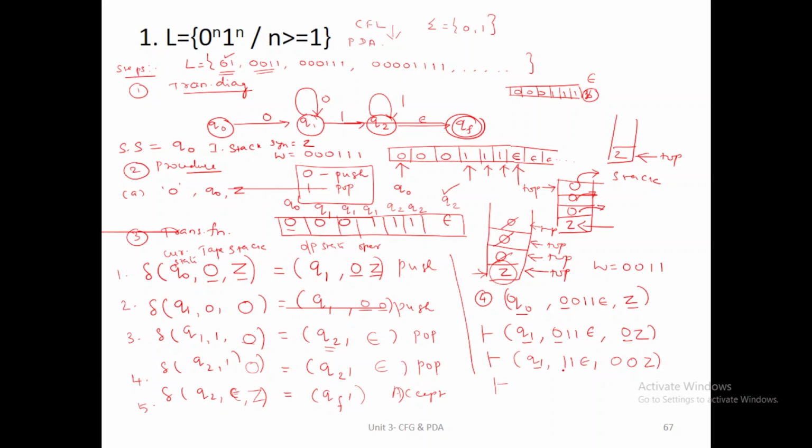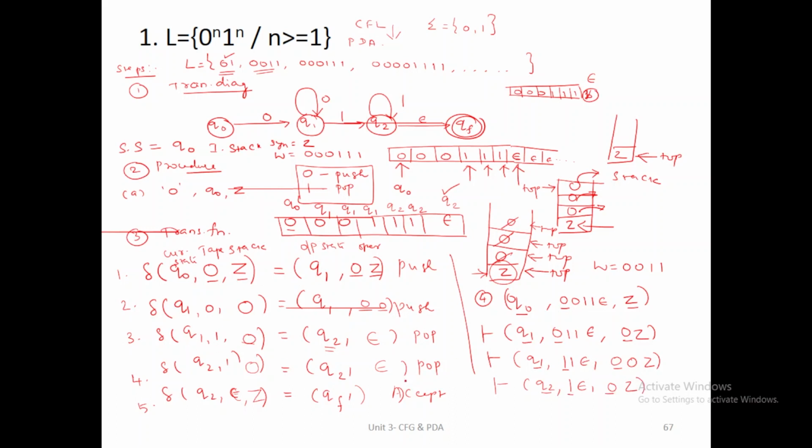Now we should refer to Q1 1 0. So where Q1 1 0 is there, this is the third function. The state will go to the Q2 state. The remaining symbols are 1 epsilon. So what should you do? Pop. So if you pop the topmost value, the remaining symbols are 0 Z. Now you should refer to Q2 1 0.